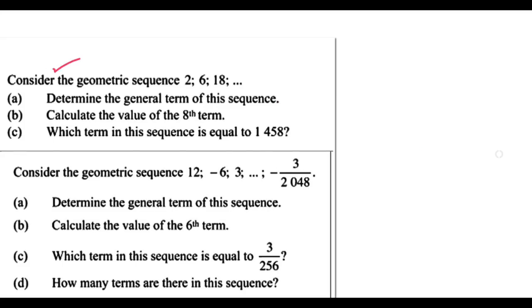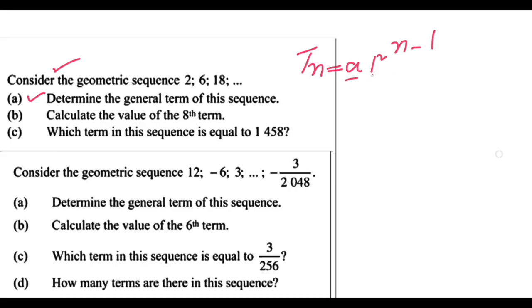The first question says, consider the geometric sequence. Part A, determine the general term of the sequence. So identify the first term and common ratio. Because this is a geometric sequence, the formula we're going to use is Tn equals A R to the power n minus 1.